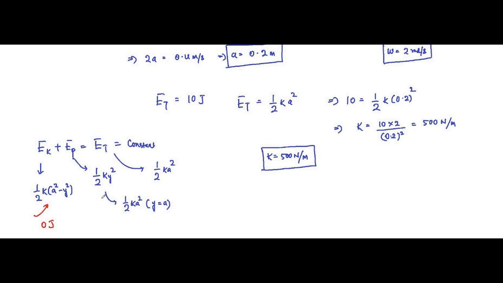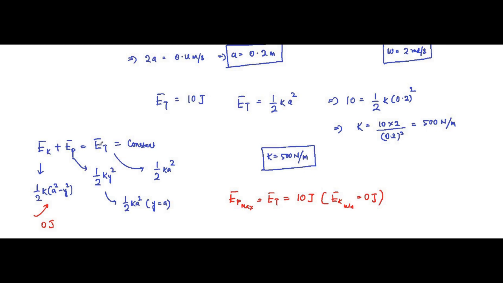So here the maximum potential energy EP max is equal to the total energy ET, which is equal to 10 joule, and at that point the kinetic energy is minimum, that is equal to 0 joule. The sum of potential energy and kinetic energy throughout the SHM motion is always constant.